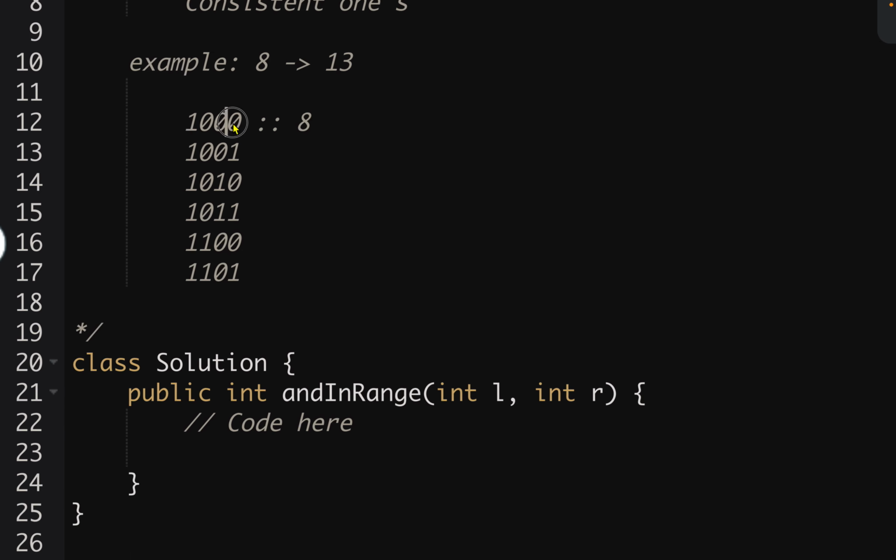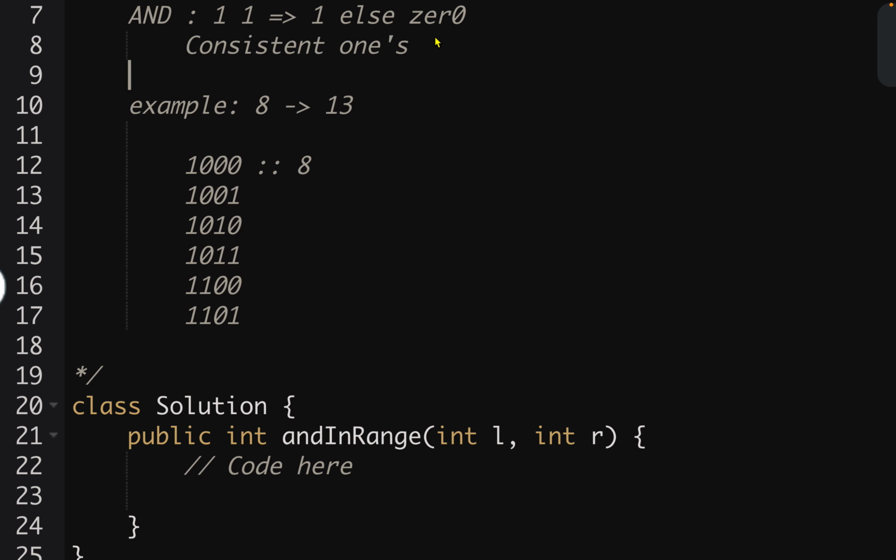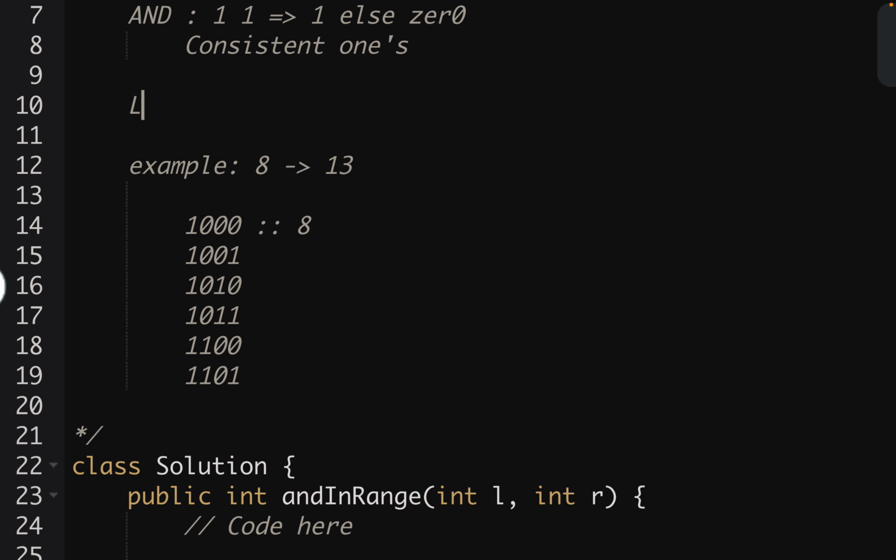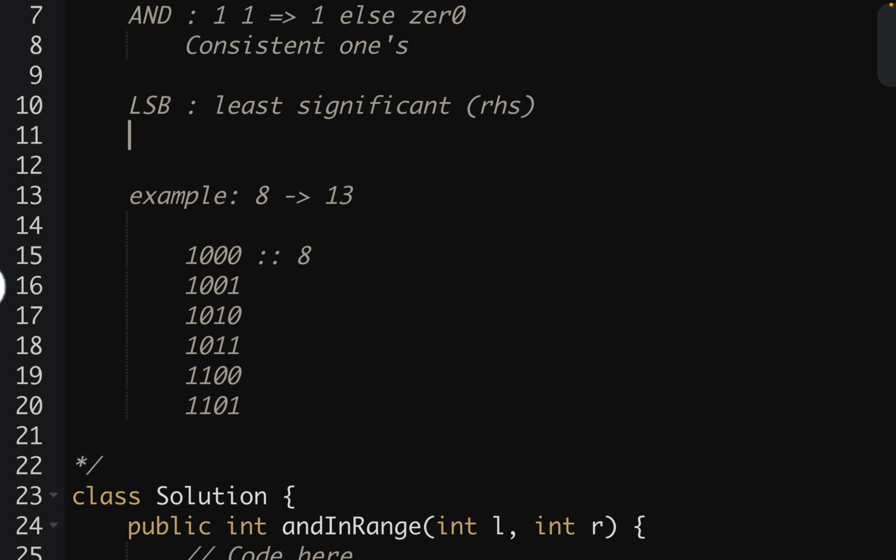So the moment we see this, at the least significant bit, which is on the right hand side, and the most significant bit, which resides on the left hand side.